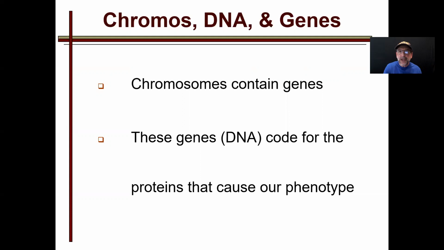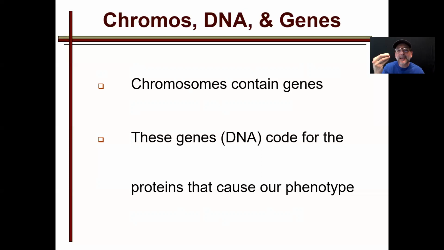That's why it says these genes, or the sections of DNA called genes, code for the proteins that cause our phenotype. You say, well, what's your phenotype? Okay, your phenotype is the physical representation, what you see on the outside of the organism. It's the expression of the genes. So when you have a gene, and that gene is expressed through transcription and translation, and you produce a protein, that protein causes the phenotype.